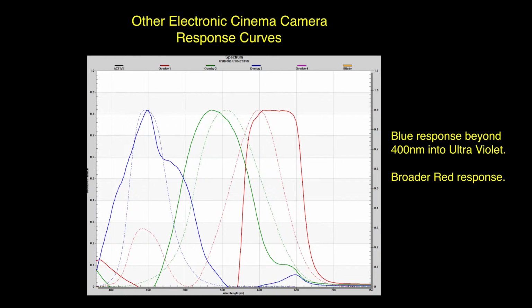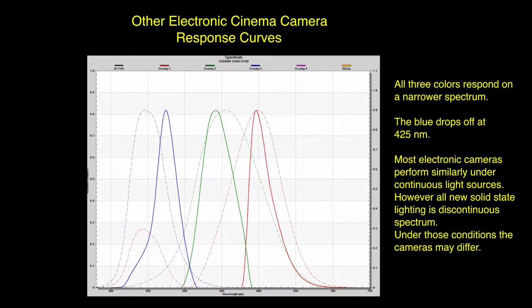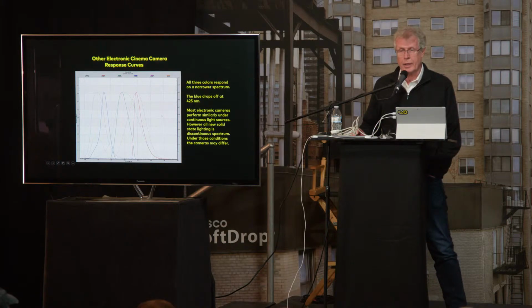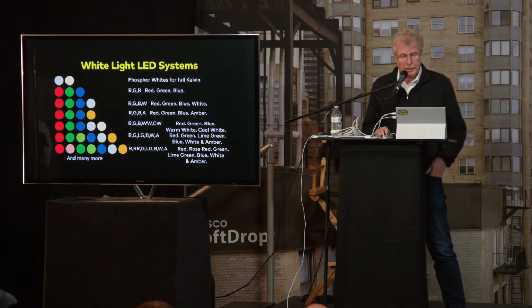And we see that the red response is a little broader. This is not a negative or a positive. This is just the way it is. Here's another one. Again, all these cameras are top-of-the-line cinema cameras that render fabulous results, but we're seeing how these cameras perceive light differently. So given that as sort of a preface, there are this and many other ways of doing white light.